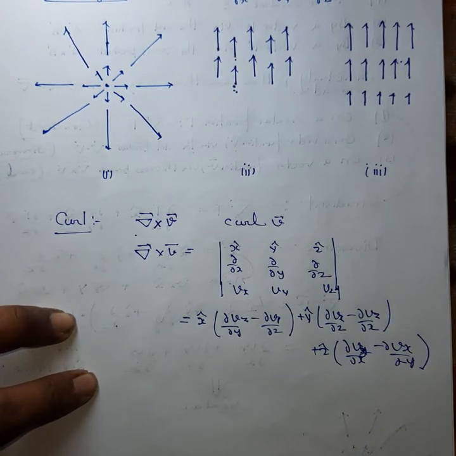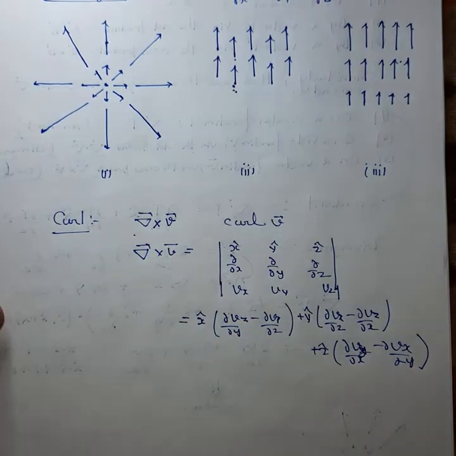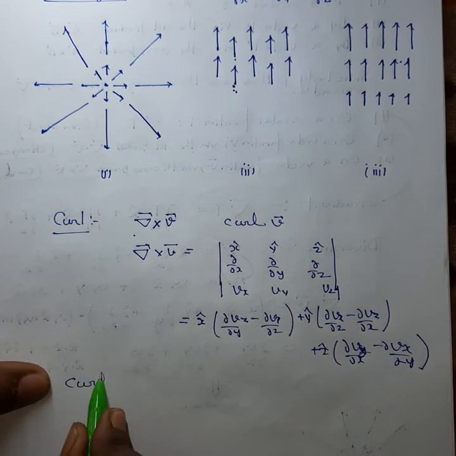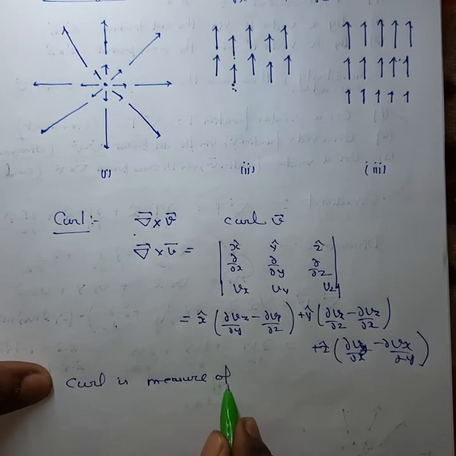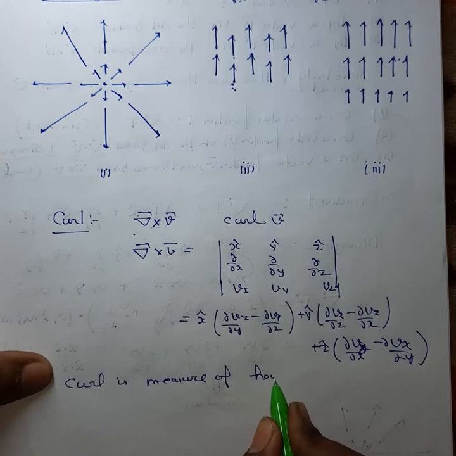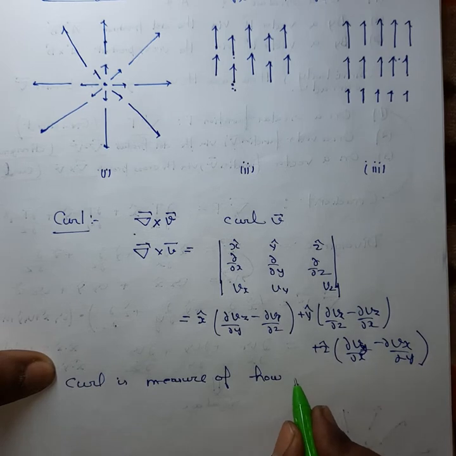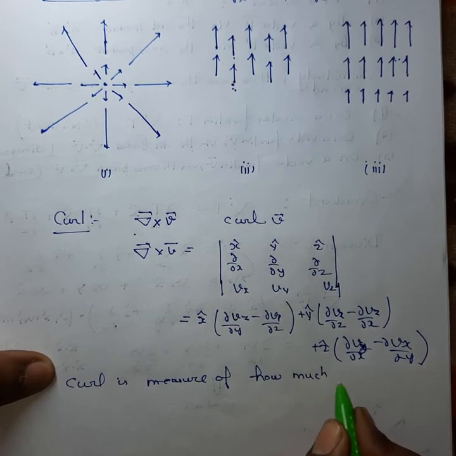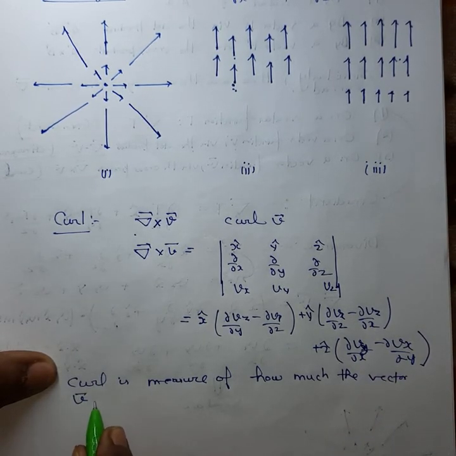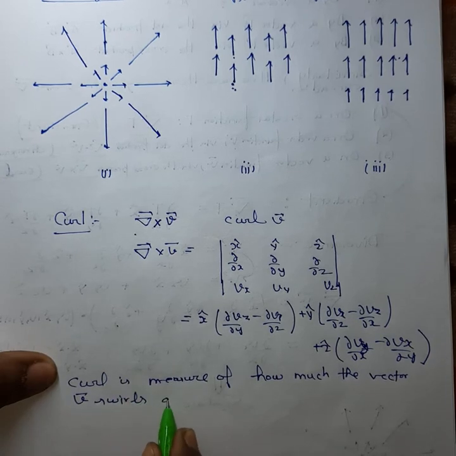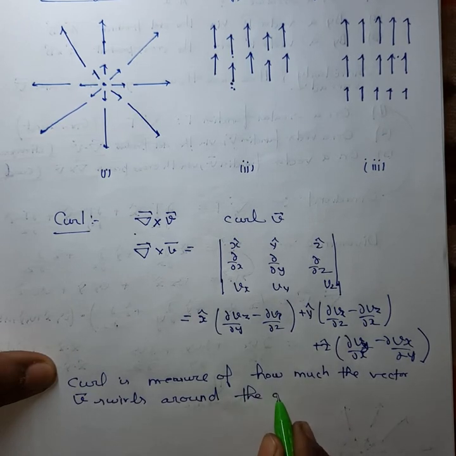So what is the meaning of this curl? Just like divergence, the curl is a measure of how much, I am defining it like divergence, how much the vector v swirls around the point, around any point.